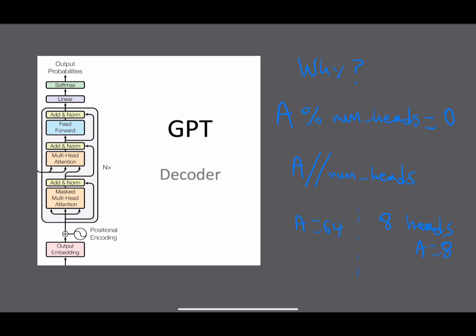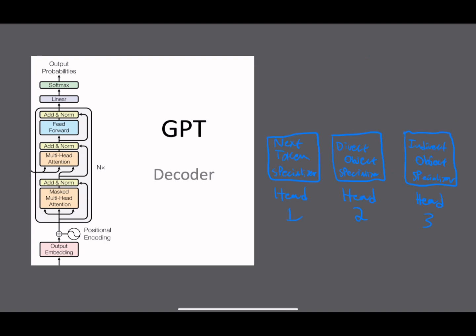Because the general trend is more parameters, bigger model, the model can learn a more complex relationship, and we get better results. Well, even though each head has fewer parameters than if we had one massive head, it turns out that each head gets to learn something different because our input X is independently passed in to each head. So each head independently gets to learn something different.